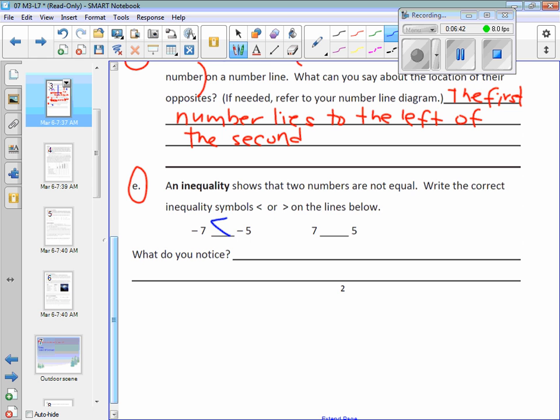What happens to the inequality symbol? Leah? Yeah. It flip-flops. Okay, look. This is the opposite. This is the opposite. So therefore the symbol is the opposite.